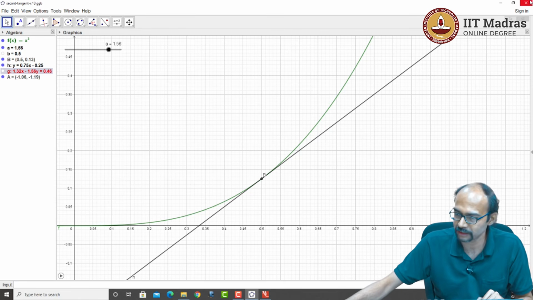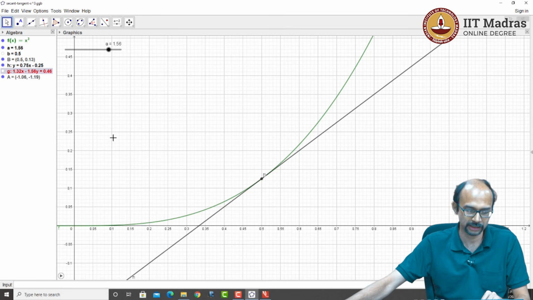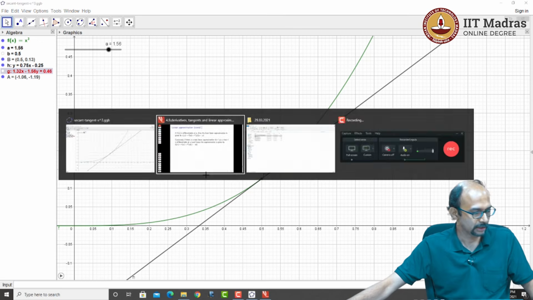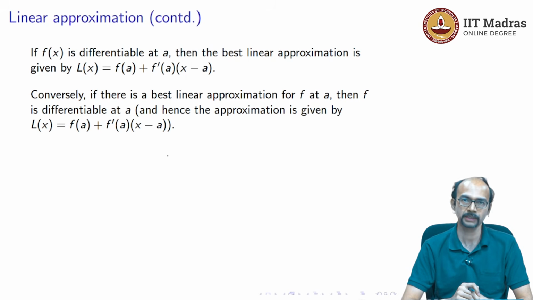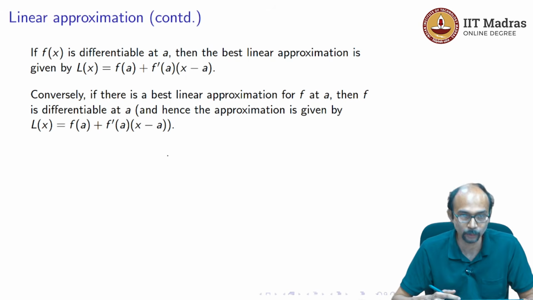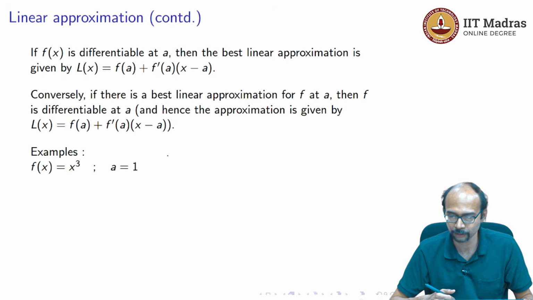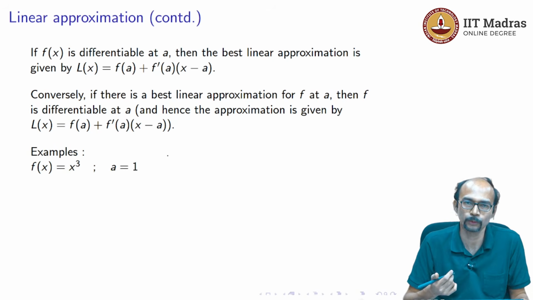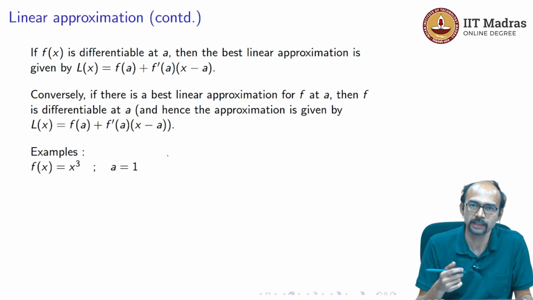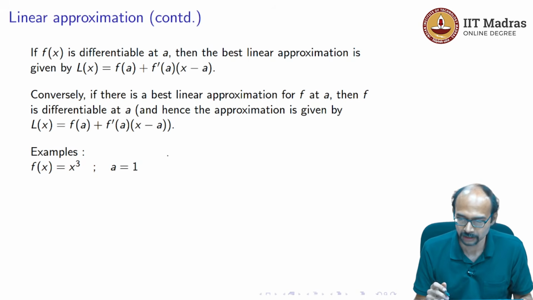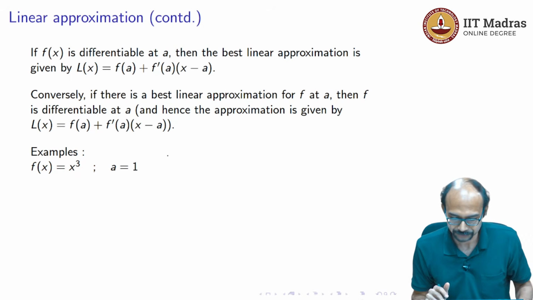So, that's the intuition behind the best linear approximation. Unfortunately, we can't prove it in this series of lectures, but those of you who are more mathematically inclined can give it a shot by using the definition of the tangent.